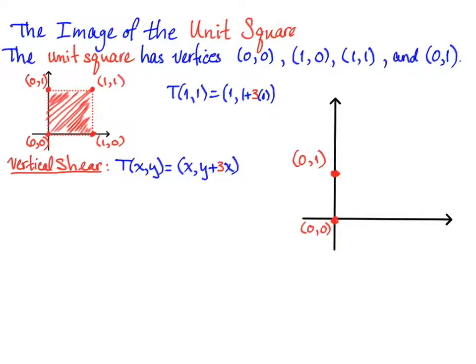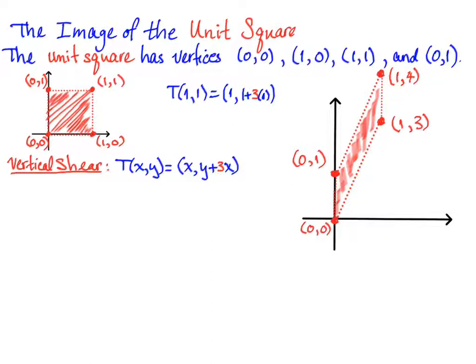So that's going to go to 1, 4. So that's way up there. And then the other one goes to 1, 3. So here's the image of the unit square under that shear, a vertical shear.